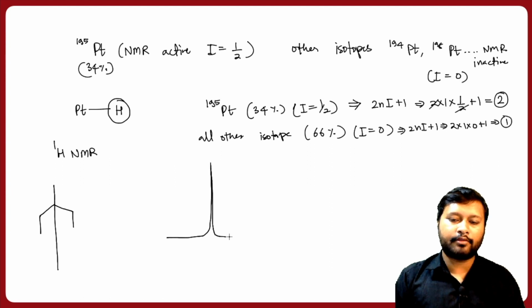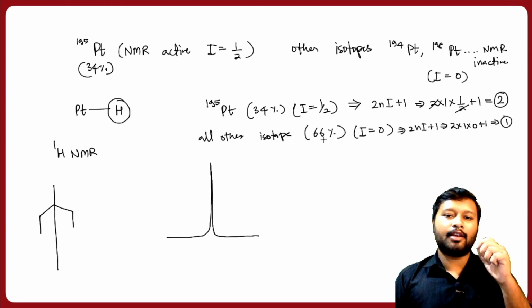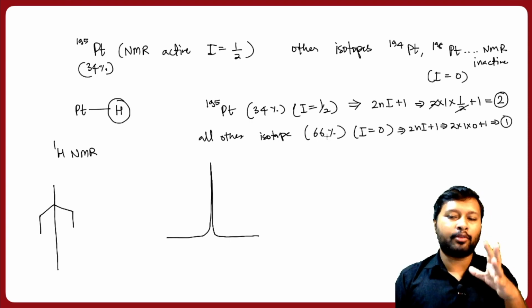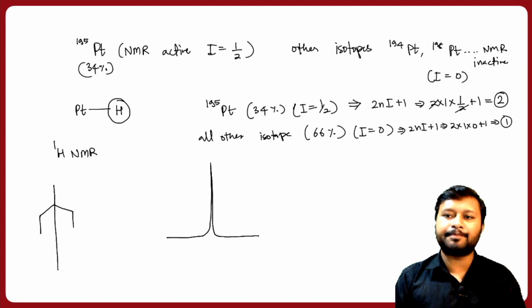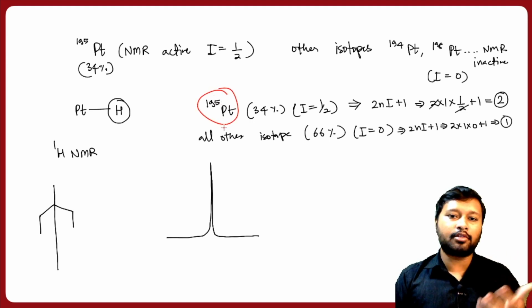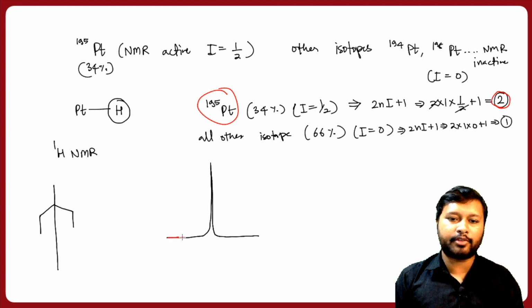Okay, so this will be a singlet which you are going to observe, and this will come because of the more abundant isotopes of platinum which are NMR inactive, meaning all the other isotopes of platinum, whereas platinum 195 is also going to split it up and give you a doublet, and that doublet will also be present at the same position but with a lesser intensity.